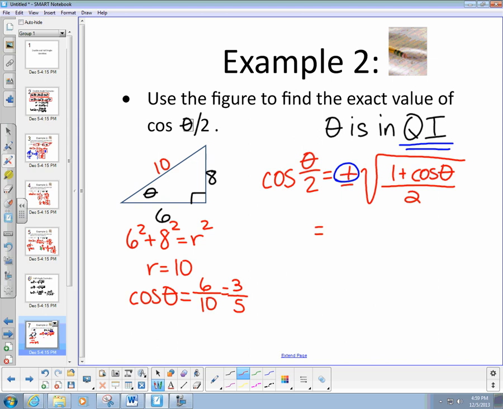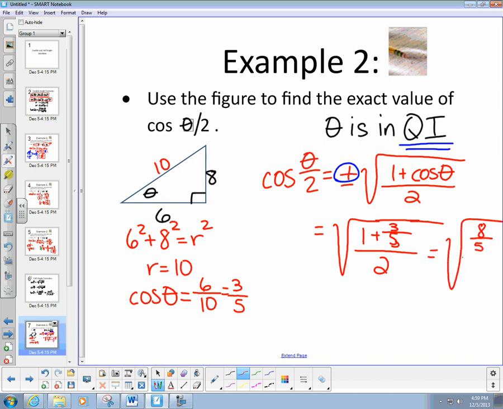Okay, so when I plug this into my formula, I'm going to have positive square root of 1 plus 3/5 all over 2. So to simplify, let's add the fractions on the top. 1 plus 3/5 would be 8/5 over 2.